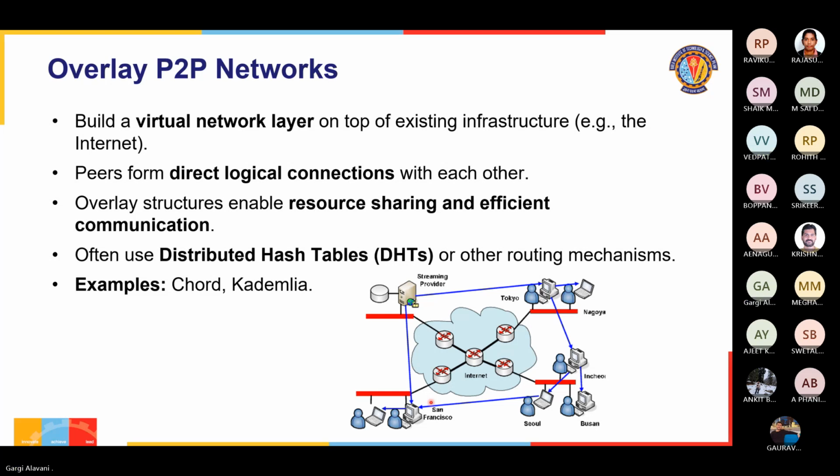So DHTs distribute data across multiple nodes with the use of the hash function, and they have a structural approach, based on the DHT algorithm, for how the data should be redistributed in case of a node failure or a node leaving. It will take care of the redistribution.